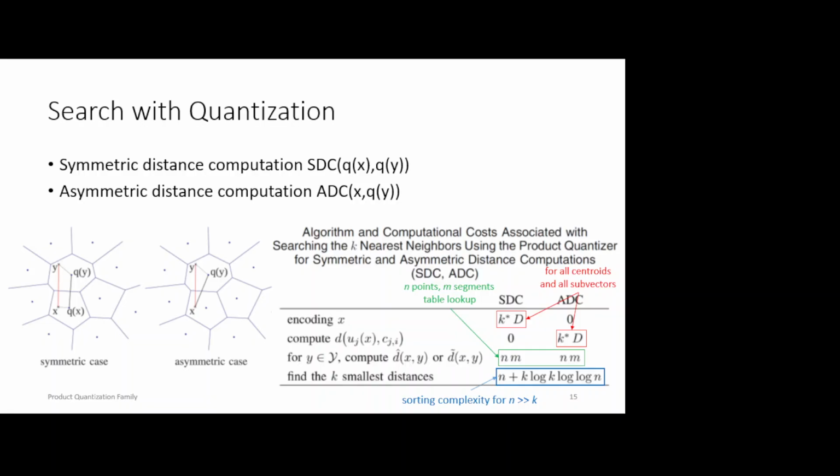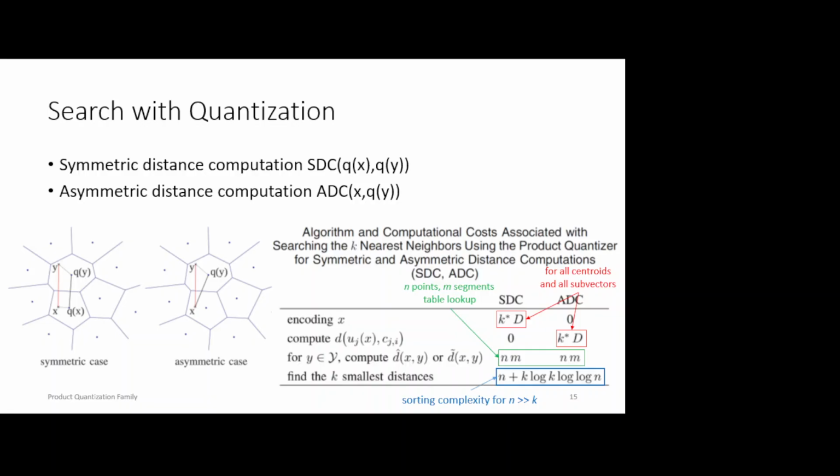For ADC, similarly, you build a distance table between X and all the centroids, and then you just look up the table. So in this stage both methods just apply table lookup, and both are N by n.